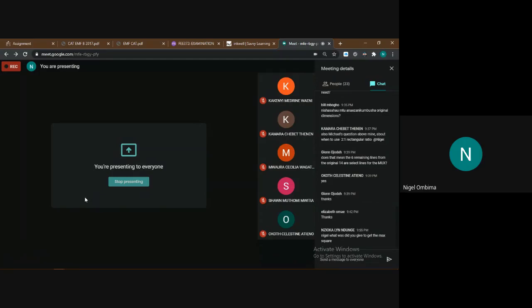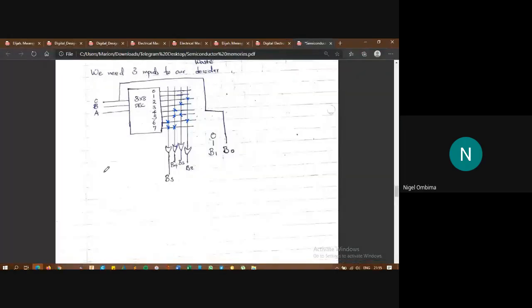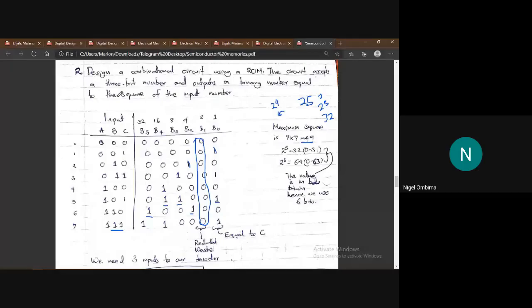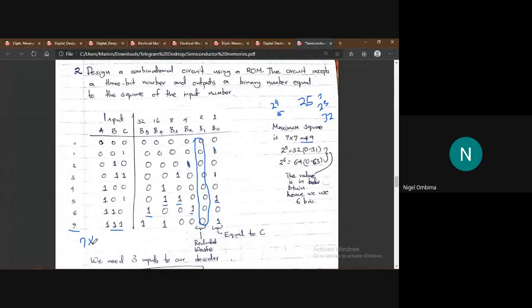What did you give to get the maximum square? Okay. We're supposed to, so 3 itakuwa 7 times 7. So kwa 4-bit number itakuwa ABCD, minterms zake zitakuwa mpaka 15.